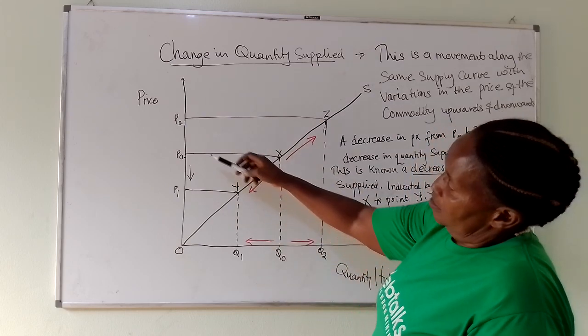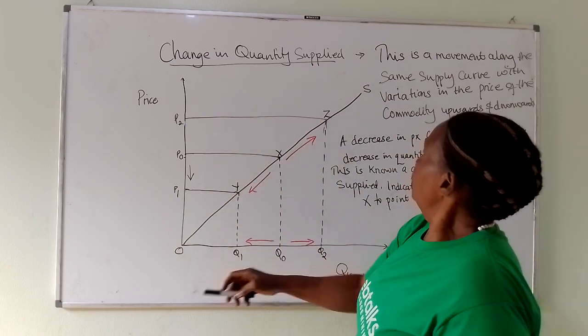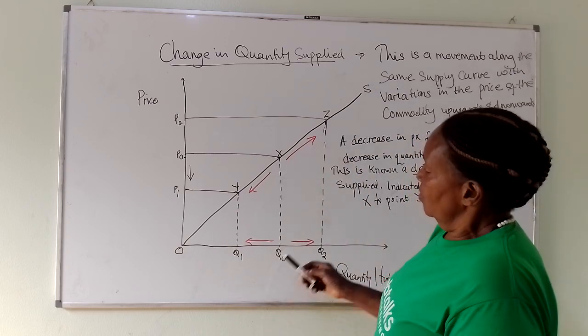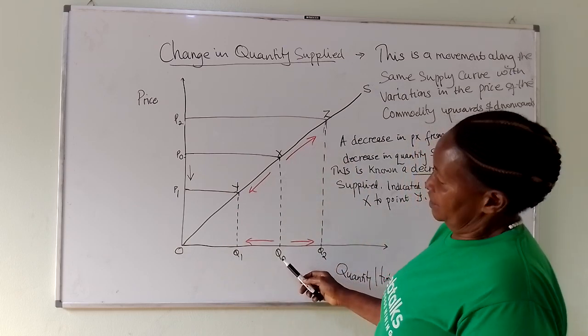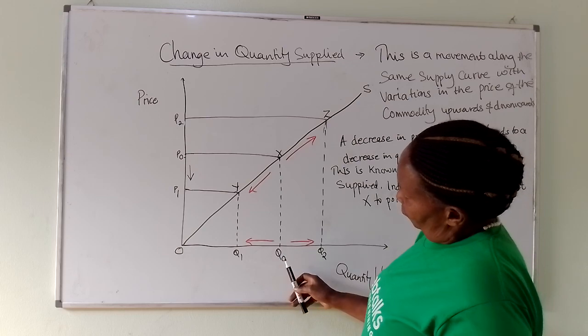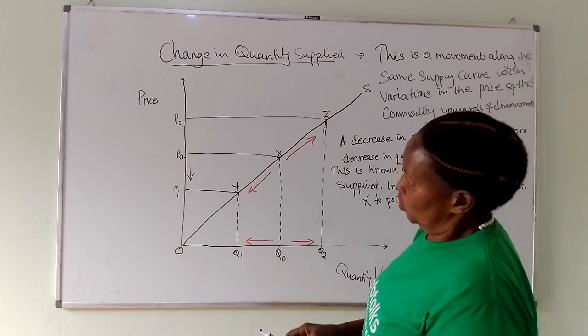So here, reduce the price and you move downwards along the same supply curve, getting a smaller quantity, a reduction in the quantity supplied from Q0 to Q1.